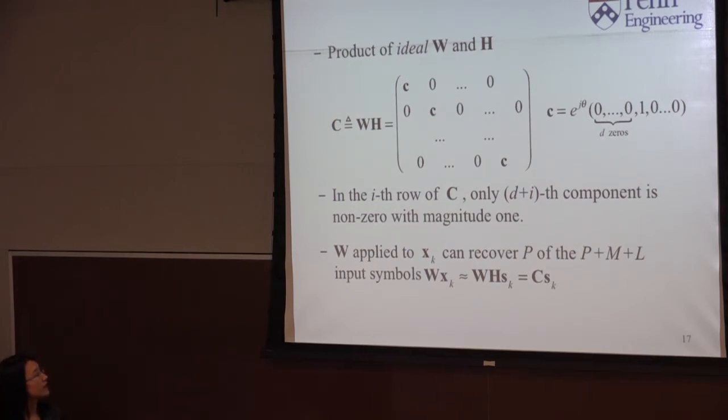And if we apply the ideal W matrix to the channel outputs, we could recover P of the whole source vector. That means at least we could recover P of the P plus M plus L source symbols. But since the S here could be shifted versions of each other, recovering only one of the rows will be fine.